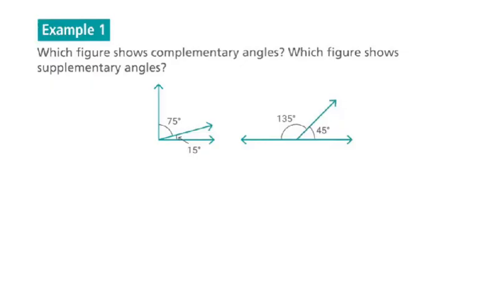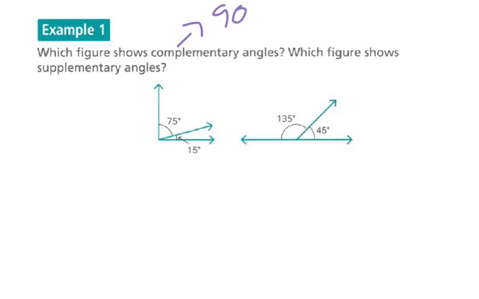So I just want to go over a couple examples for the rest of this video, so you can just get a hint of what kind of problems we do with these types of angles. So here's one. It says, which figure shows complementary angles and which figure shows supplementary angles? So remember, complementary means that they add up to 90.